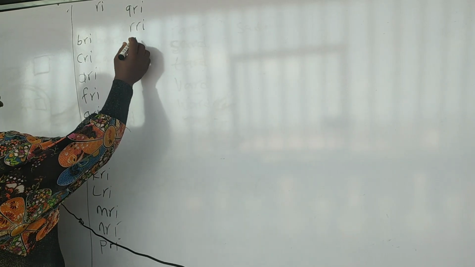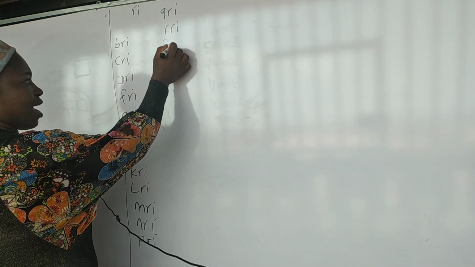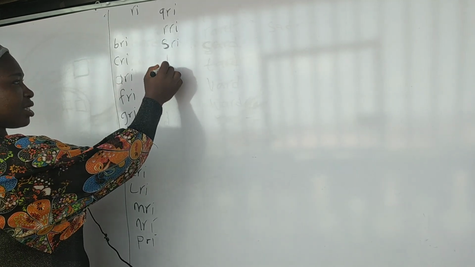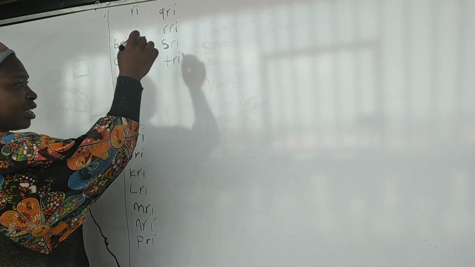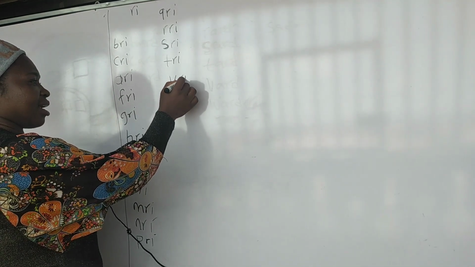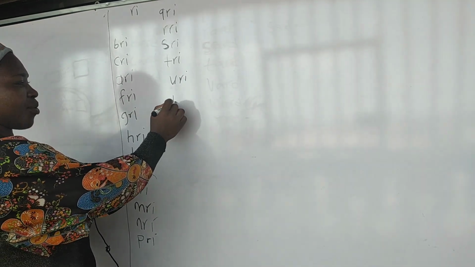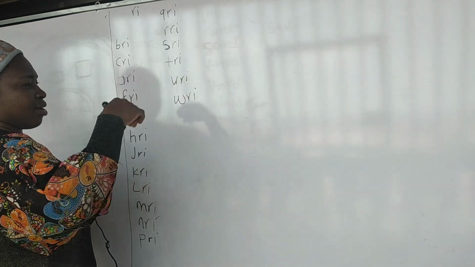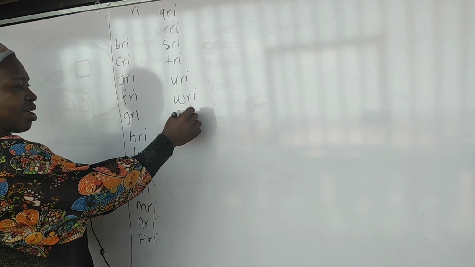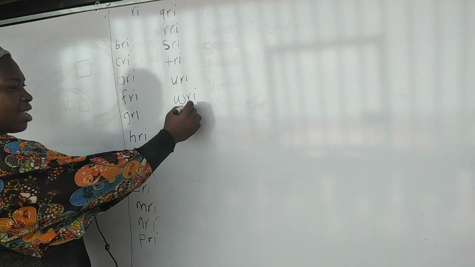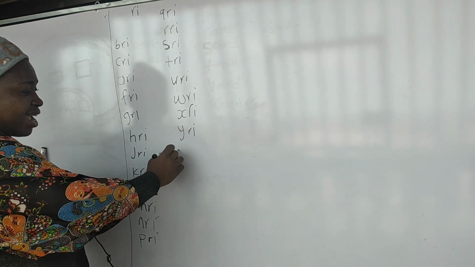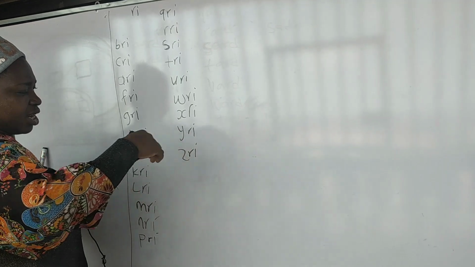Okay, now we move to S. We have the shri sound, and to T we have the tri sound, and V we have the vri, we have W, we have the wri, and X we have the xri, Y we have the yri, and Z we have the zri.